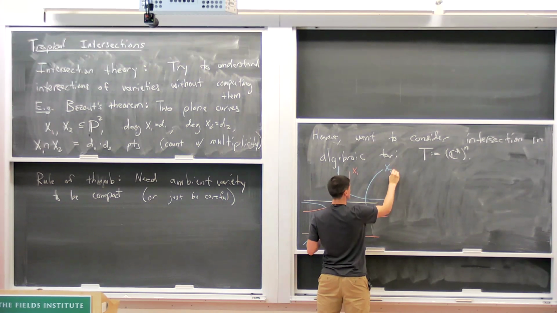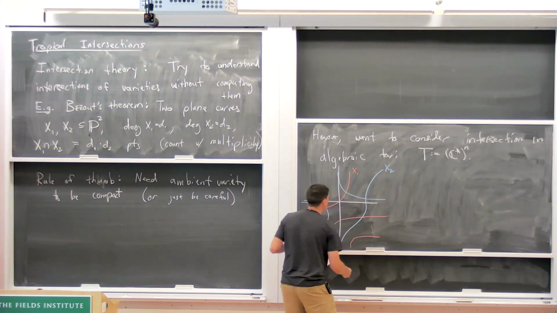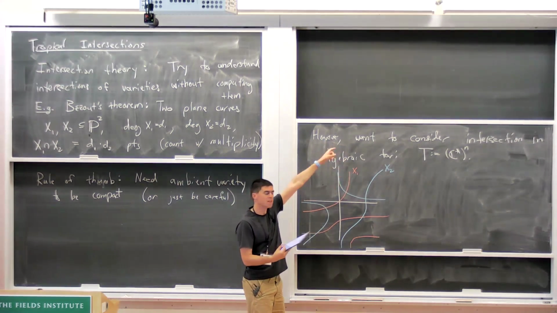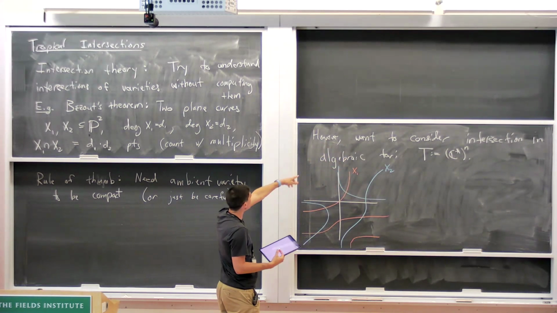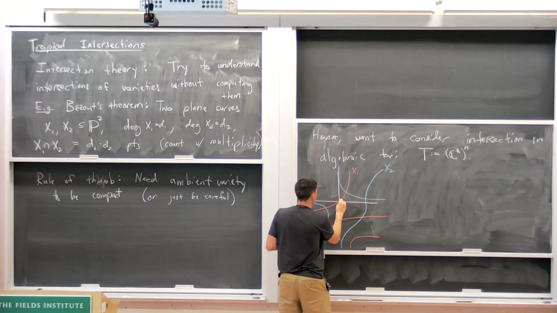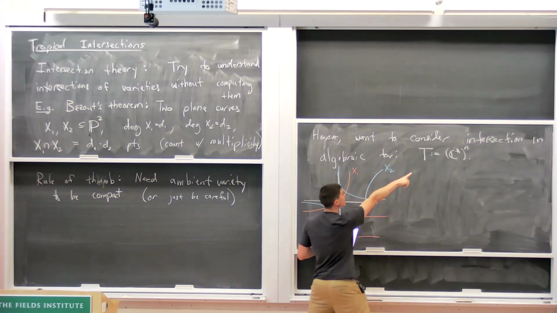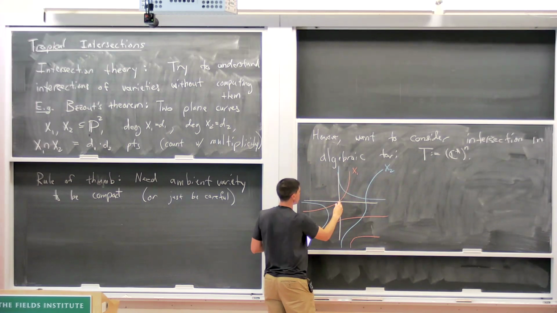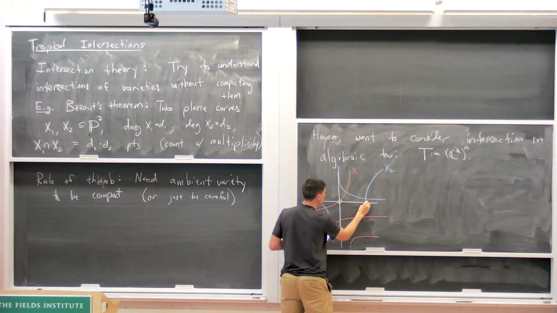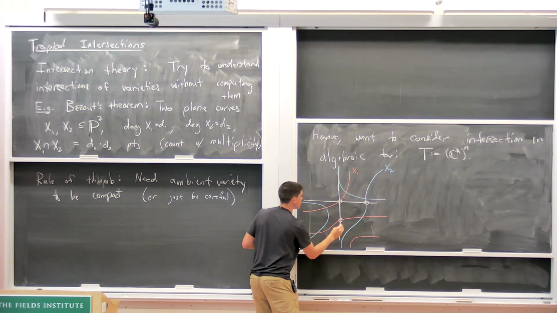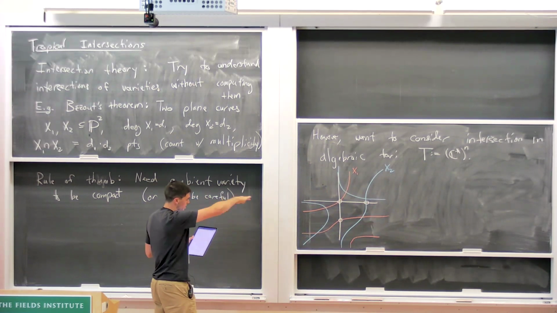That's my X2. And before I was considering this picture inside of P2, so there was a line at infinity. But now I want to do the same intersection calculation inside of the torus. So I'm taking this picture with no line at infinity, and I'm also removing the axes. So I puncture at the two axes.